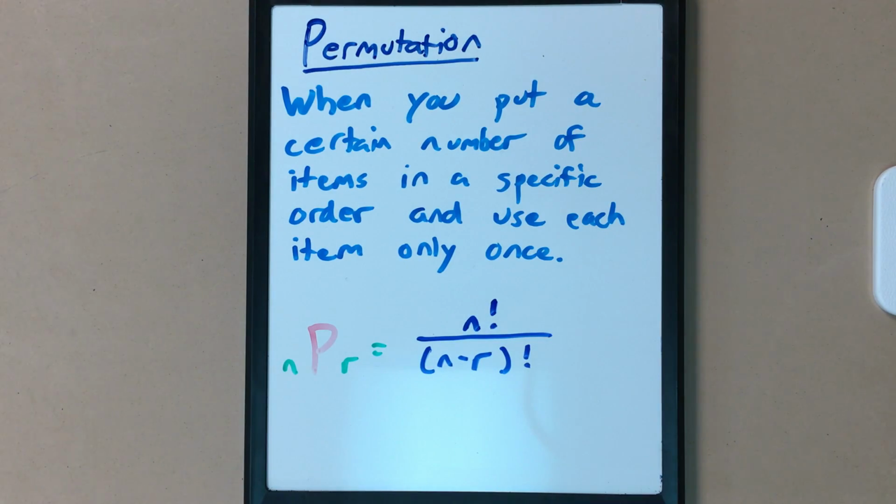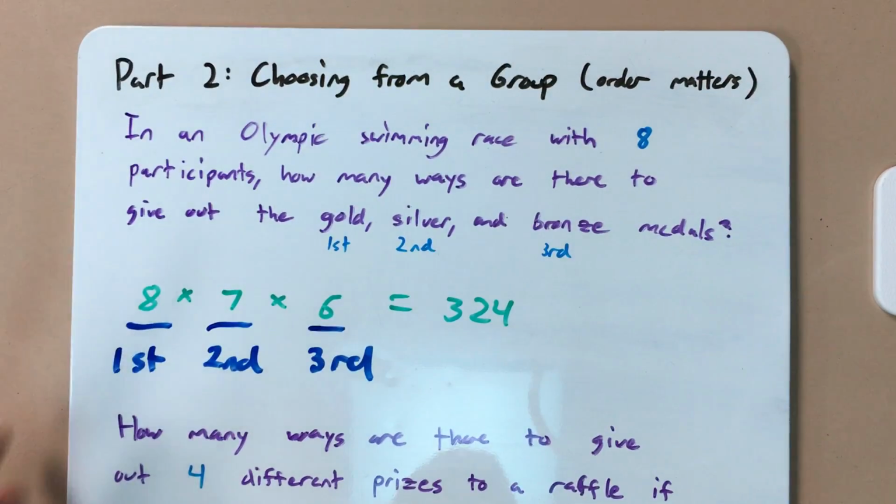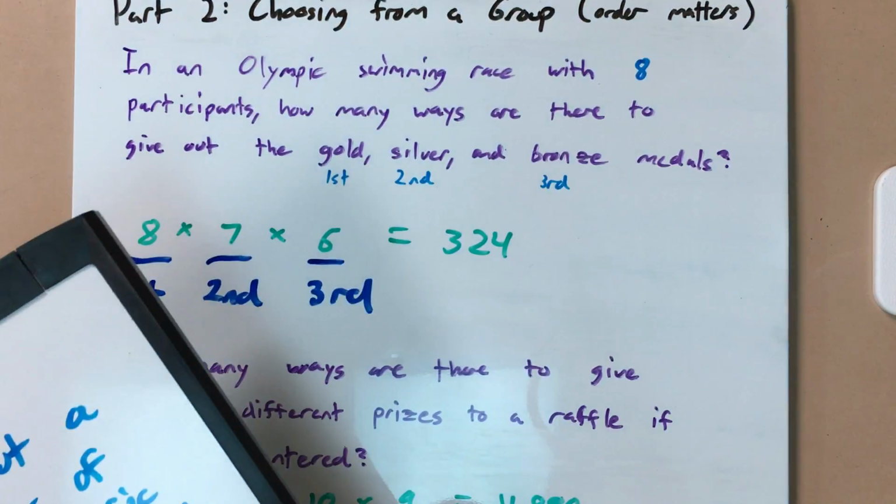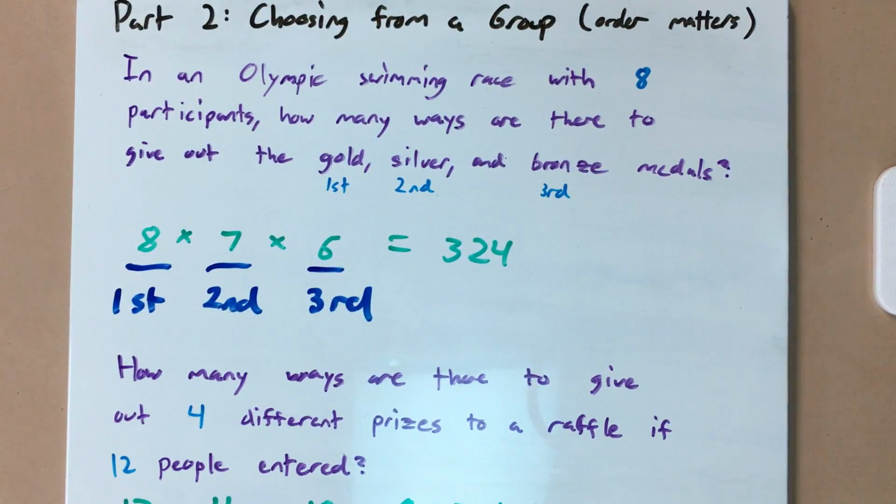Well, I'm going to pull up these 2 examples again. So for this first example, there were 8 racers and we were giving away 3 medals.